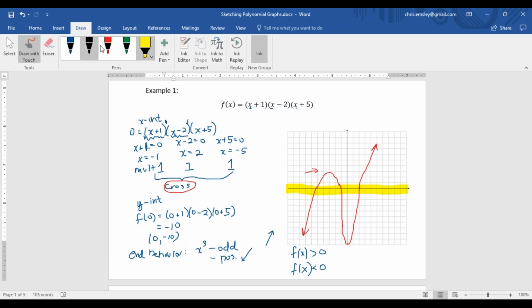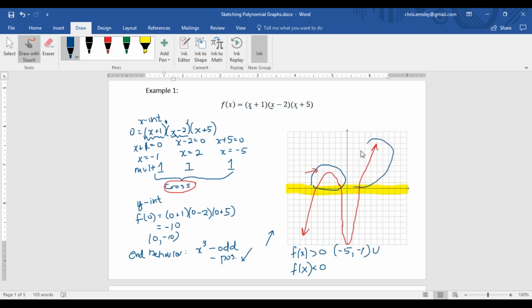So where is our function above that line and where is it below that line? We will use the x values to tell where it's above and below. So let's get a blue pen right here. You can see right here, our function is all above the x-axis. So that starts at -5 and ends at x equals -1. So from -5 to -1, our function is positive.